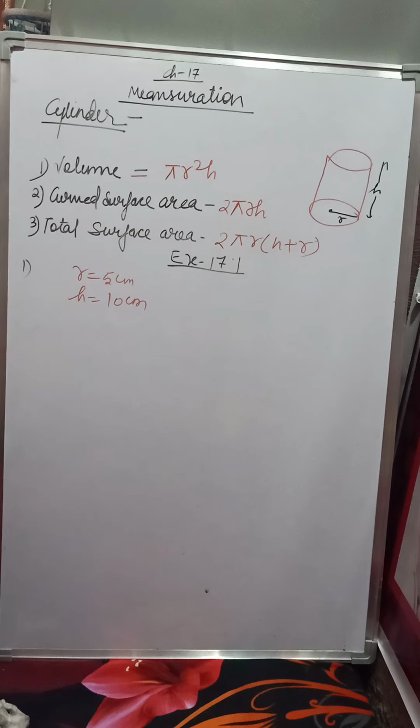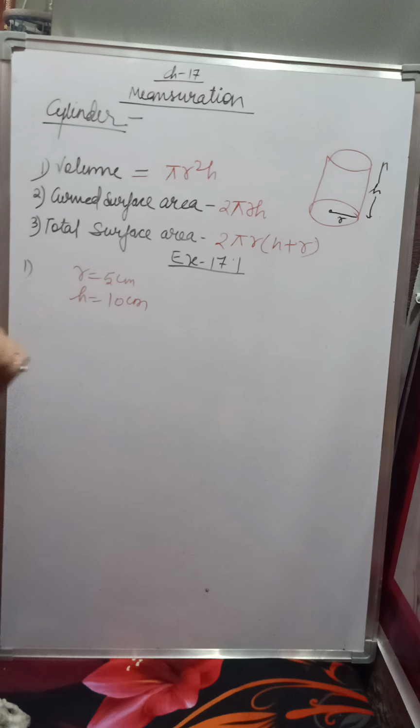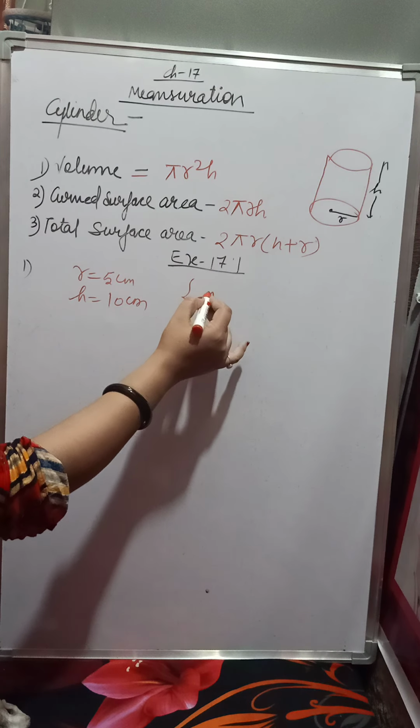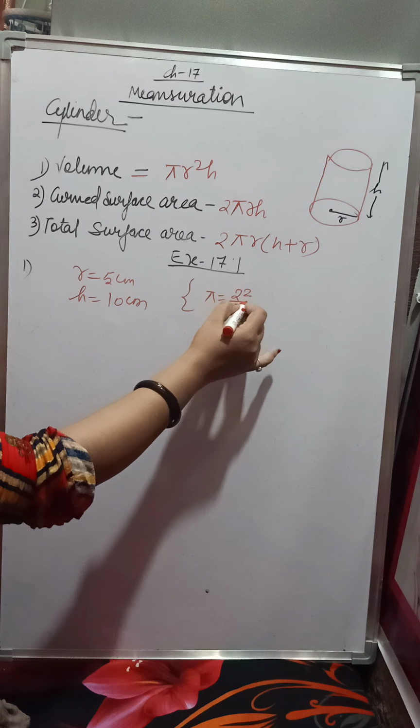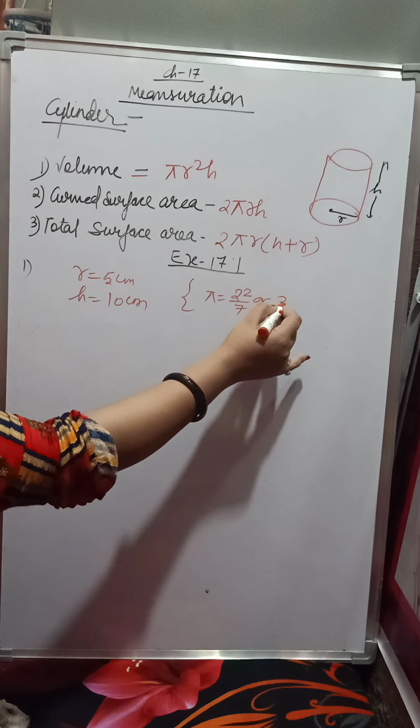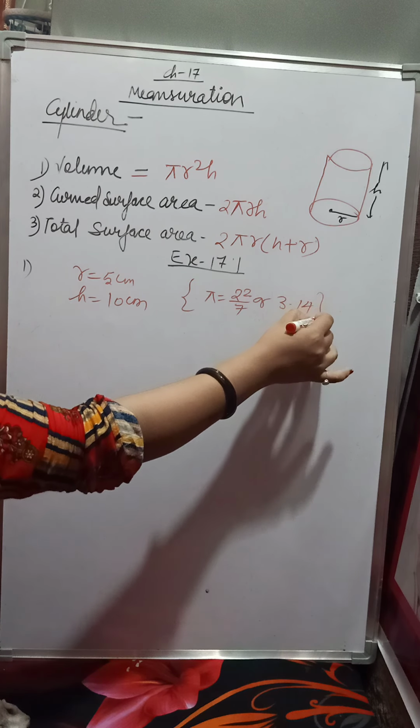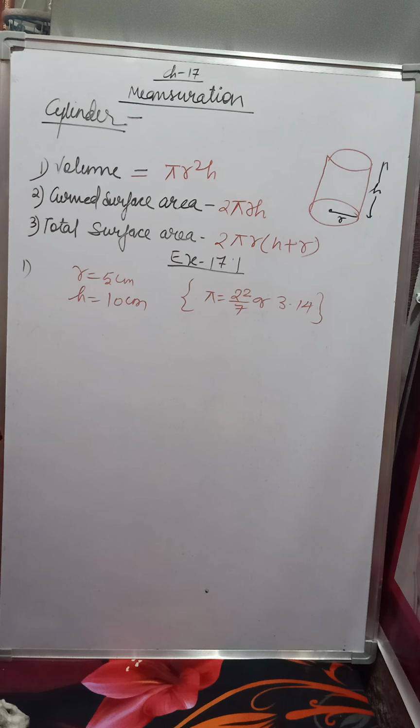Here we have pi. If pi is not given, then we can put pi 22 by 7 or 3.14 as we were putting earlier. We have to get the total surface area of the cylinder and write your answer in terms of pi.